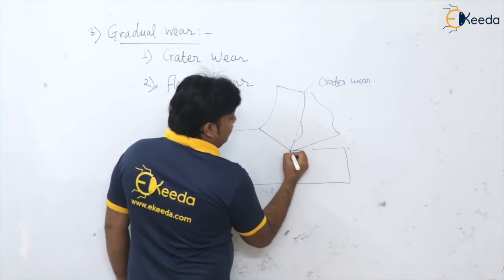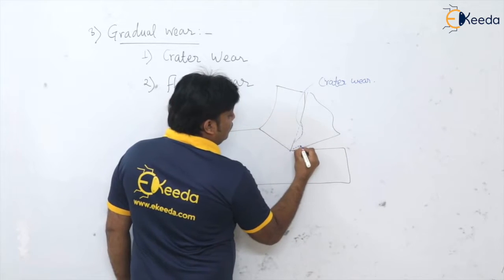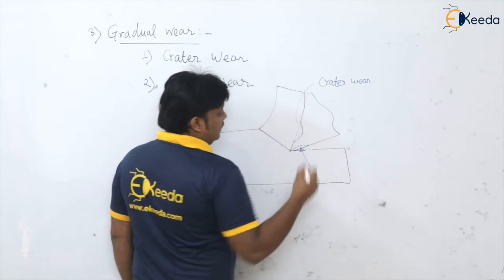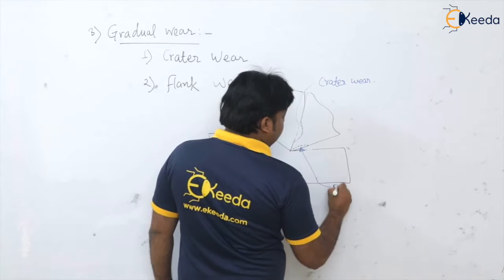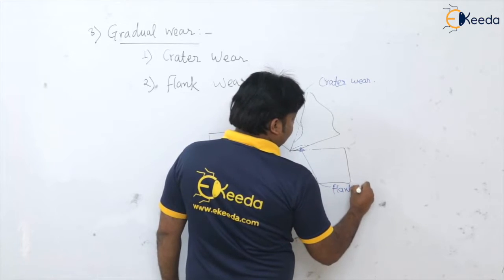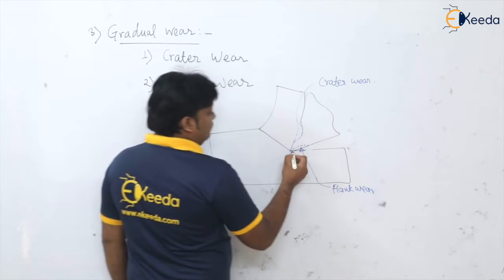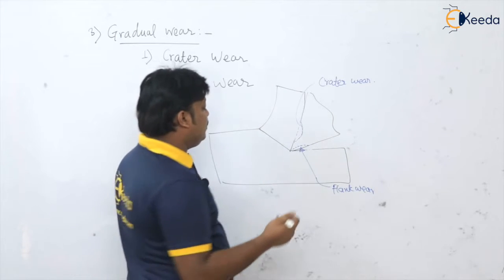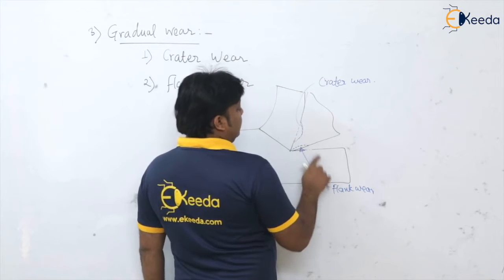And if you look at the flank portion of the tool, we are getting this wear. It is known as the flank wear. Of course, this wear is because of the frictional wear and tear between the workpiece and the tool.